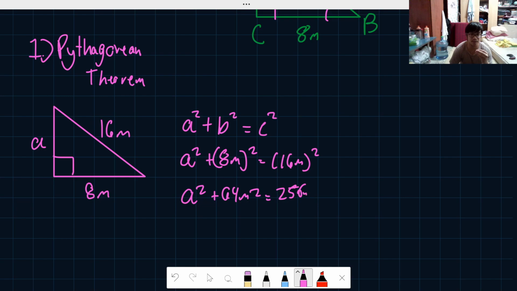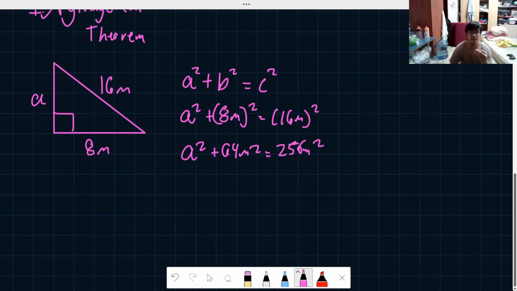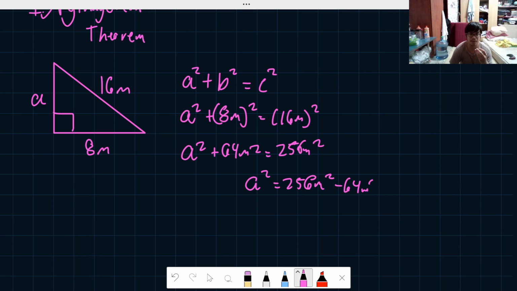To find A, we transpose 64 to the right side, so we have 256 square meters minus 64 square meters. Combine them, 256 minus 64, which gives 192 square meters.